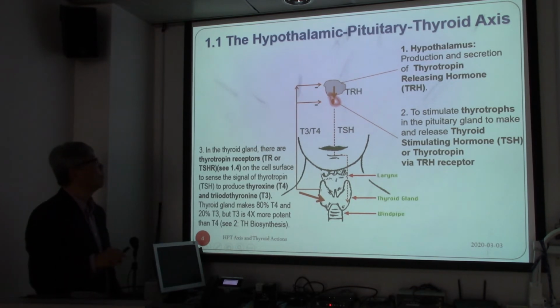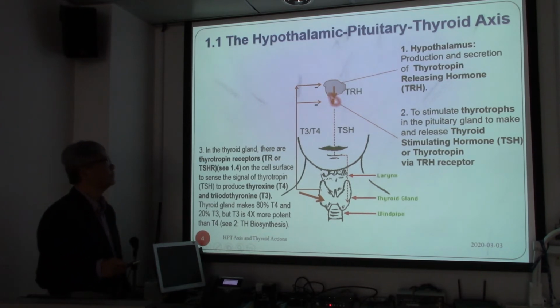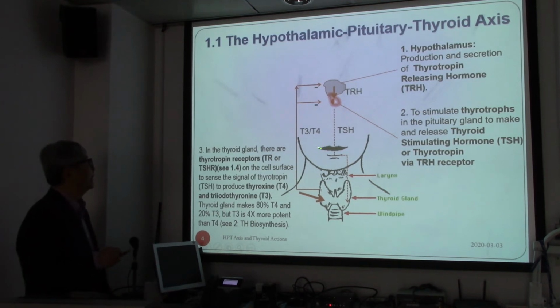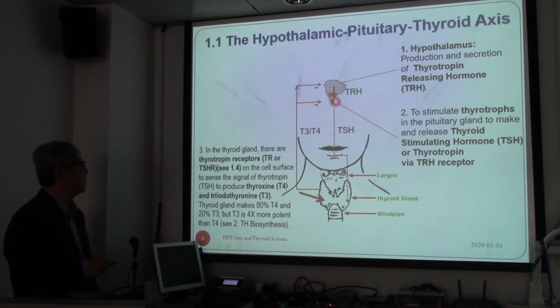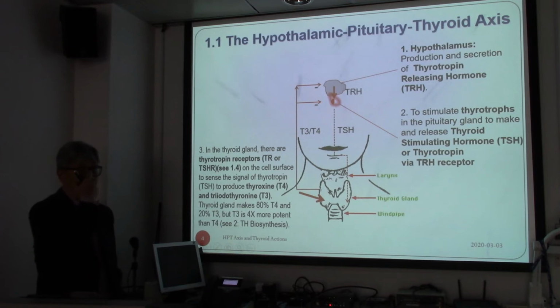Okay, so these are the 1, 2, and 3. 1 is the hypothalamus, which will produce thyrotropin releasing hormone, or TRH. 2 is the thyrotrophs in the pituitary gland that will produce TSH, or thyroid stimulating hormone, known as thyrotropin. Okay, and then in the thyroid gland, the thyrotropin receptor, or TSHR, would receive the signal from thyrotropin, TSH, to produce T4 and T3, but mainly T4 is produced.